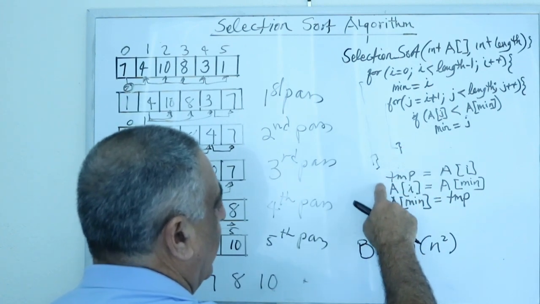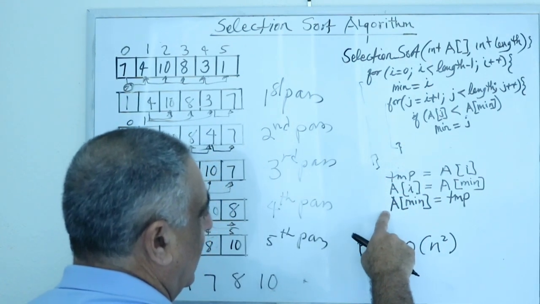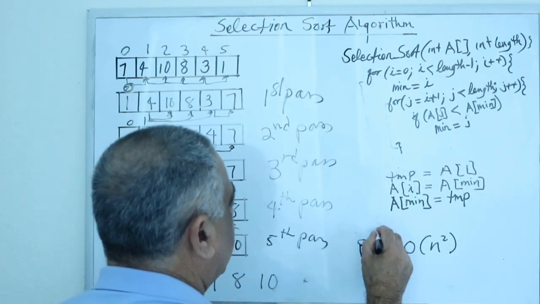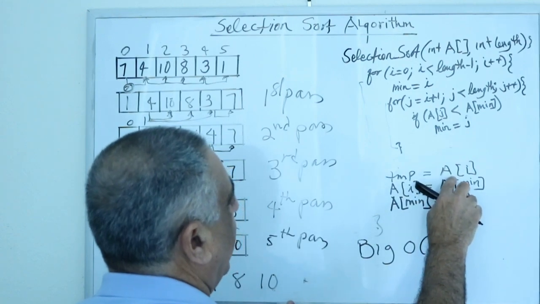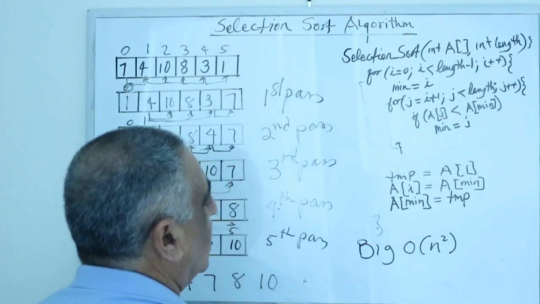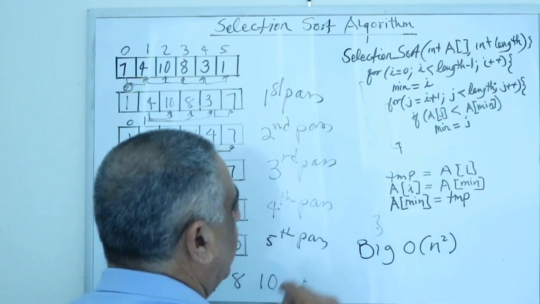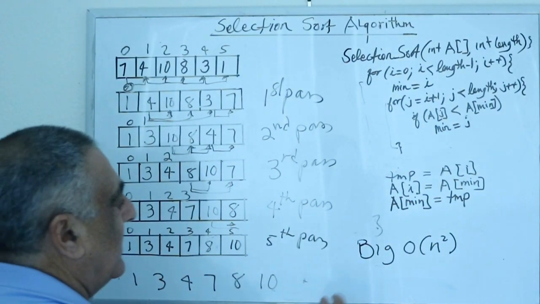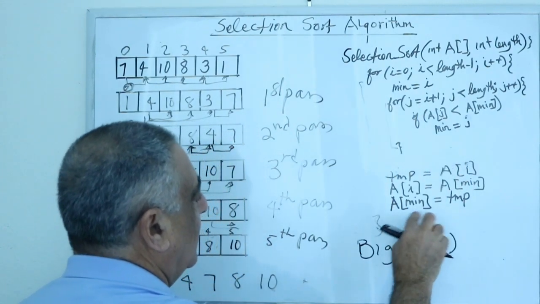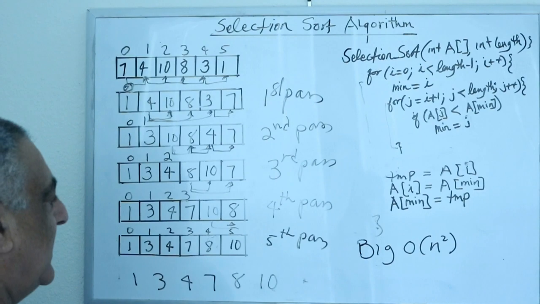Well, I may end up swapping if needed. So if I swap, it's going to pick the smallest number, put it in temp, take that smallest index, put it in that position, and temp, which was the value of i, my outer loop, gets copied. So the swap is done.